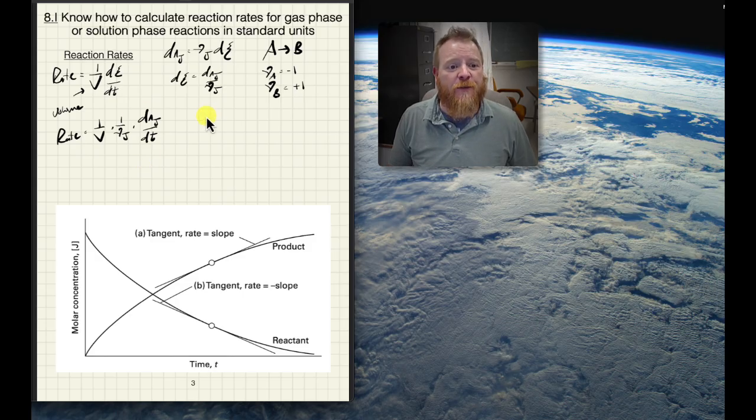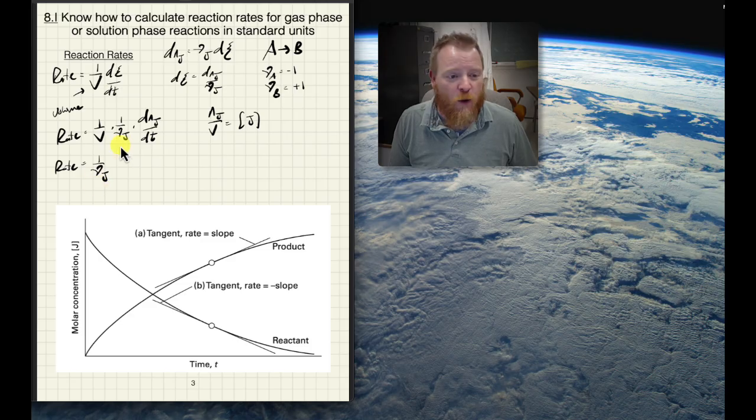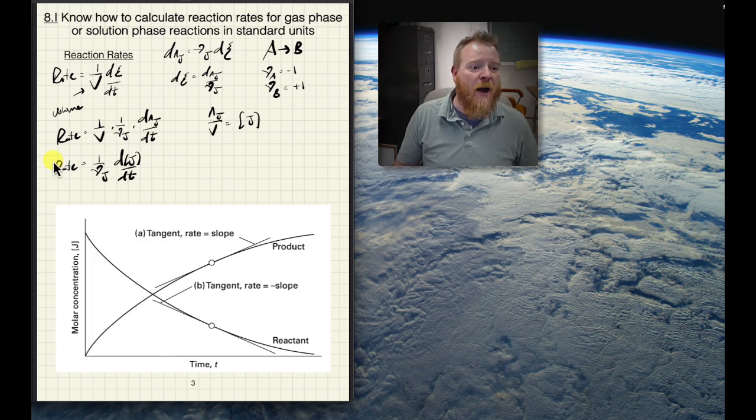Then finally, if we consider that the number of moles divided by the volume equals concentration expressed in moles per liter, we can see a good definition for rate as 1 over the stoichiometric coefficient times d[J] by dt. Okay, so let's box that off.